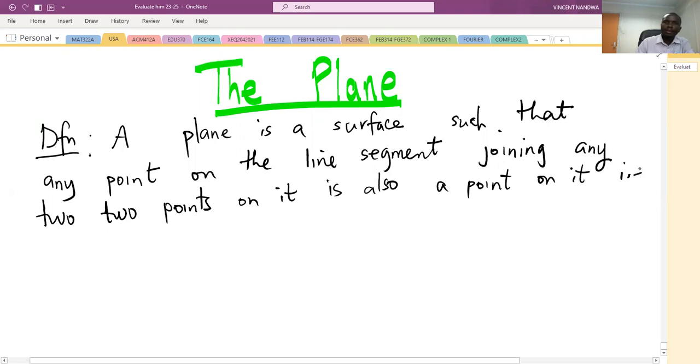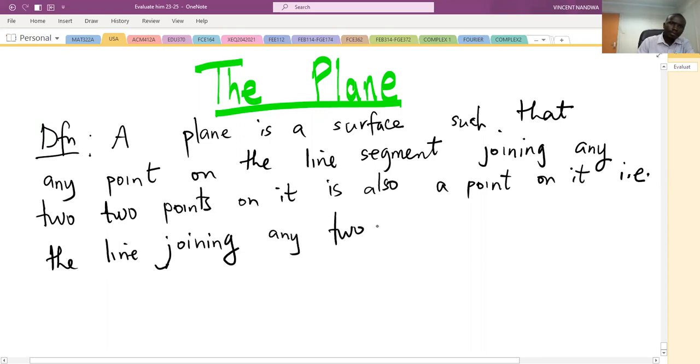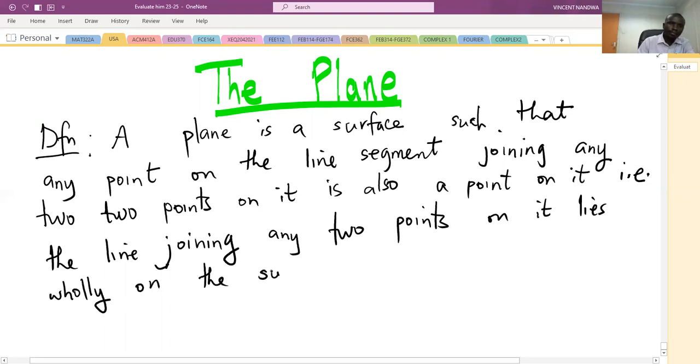So this will mean that the line joining any 2 points on it lies fully on the surface. So this is how we define a plane.